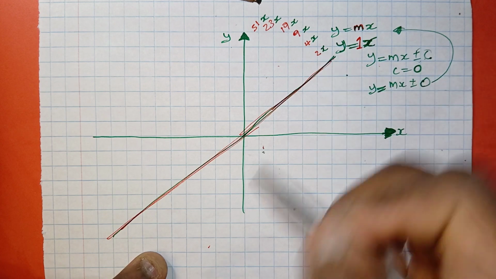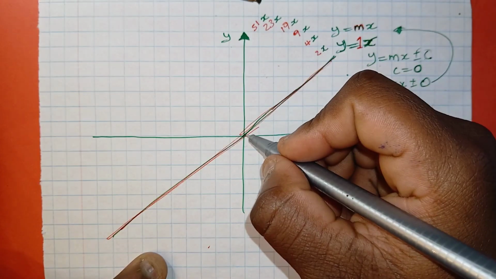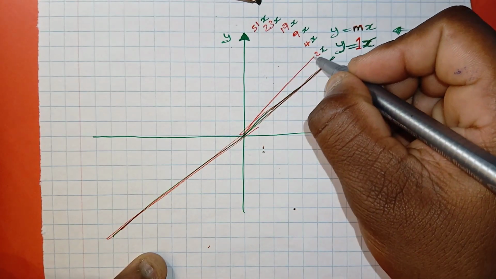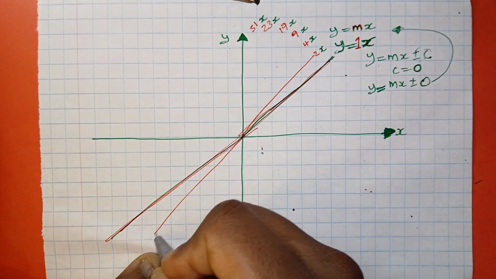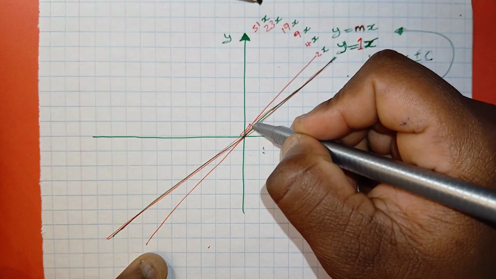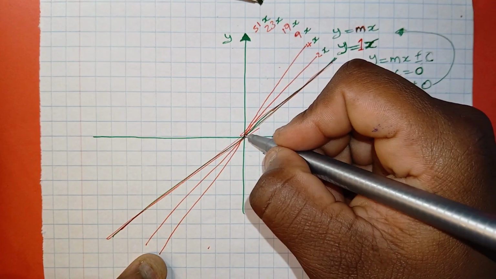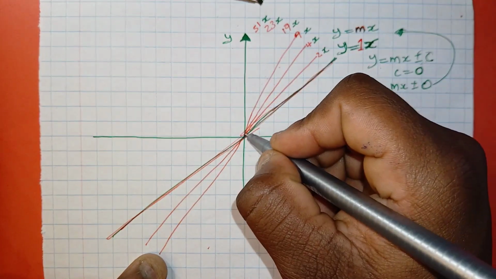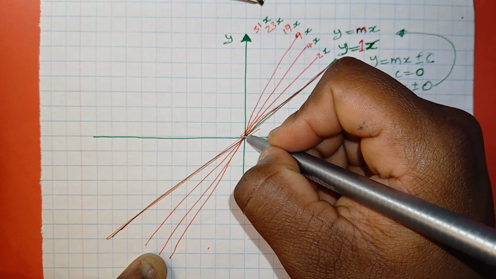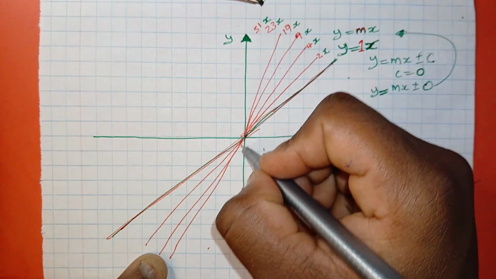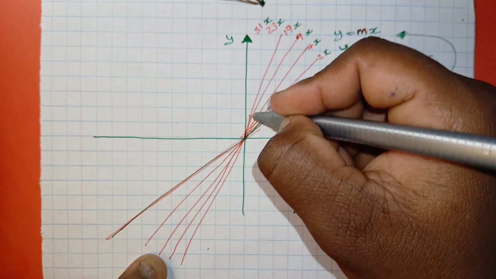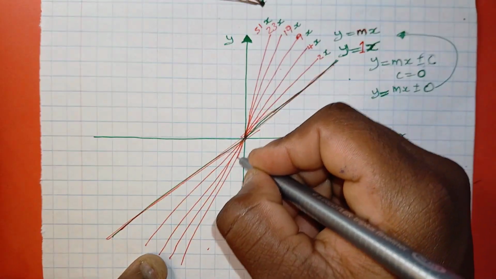So as I increase that gradient, you will see that the line will become like this way now, like that. But you'll be using a ruler, guys, so it will become like this. As I increase the gradient, it becomes like that. So here I'm increasing the gradient.